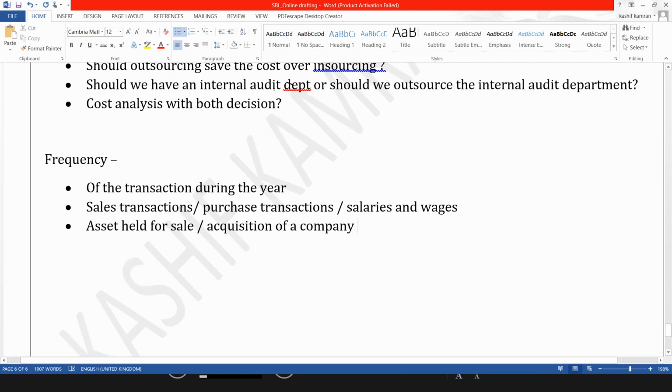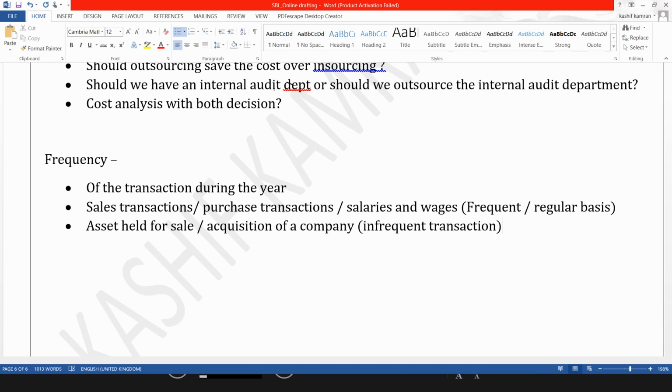Which happens on a more regular basis? The first ones are more frequent transactions. They happen on a regular basis. But the second, third one are more infrequent transactions.